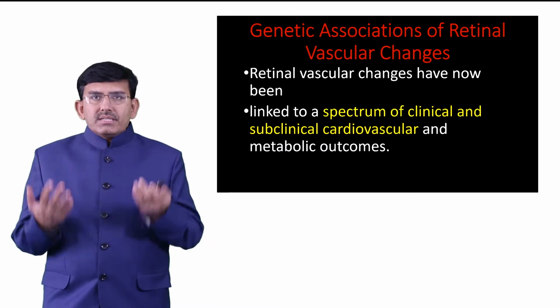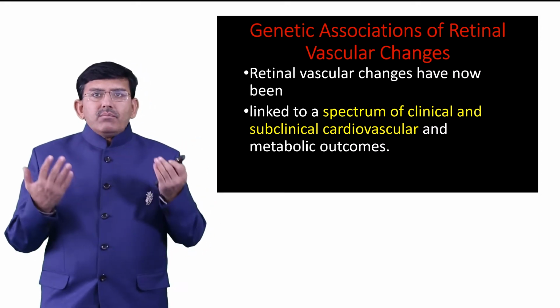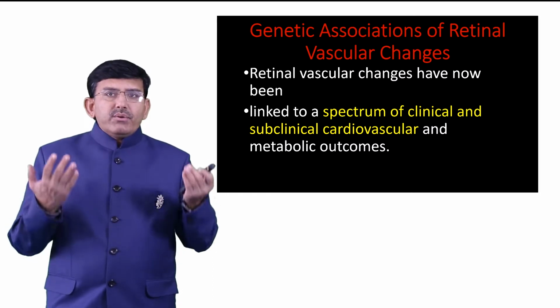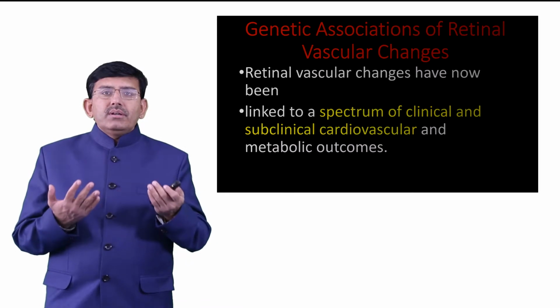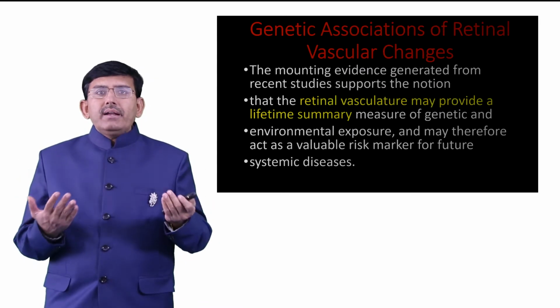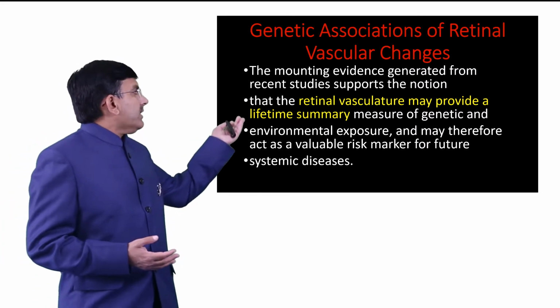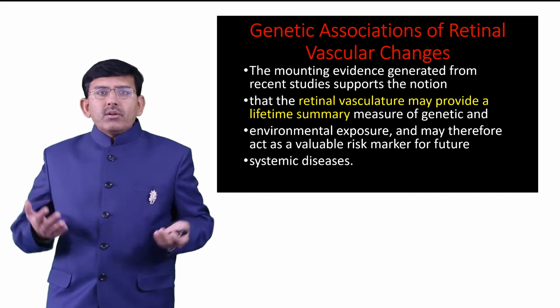Retinal vascular changes have now been linked to a spectrum of clinical and subclinical cardiovascular and metabolic outcomes. With this, it seems that there is a more complex process involved in making the grading for retinopathy.